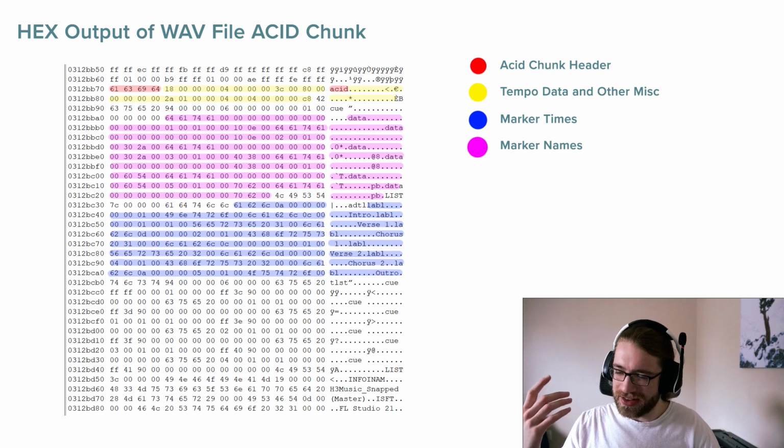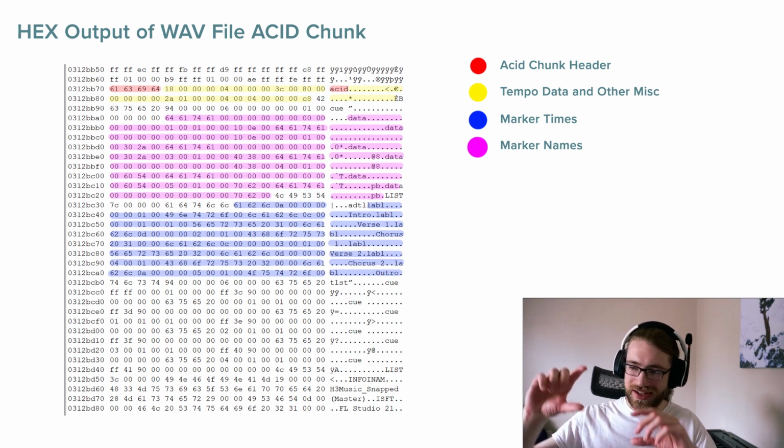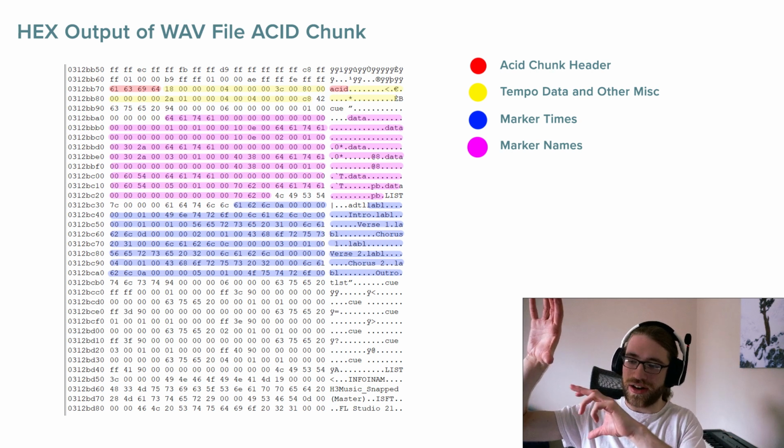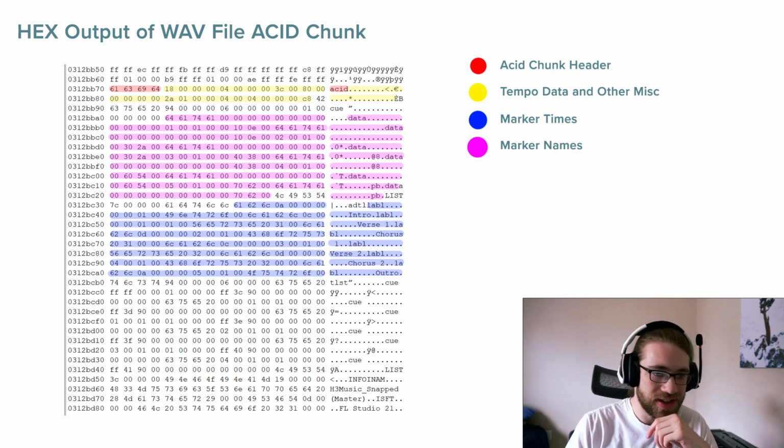They're not stored directly after each other, so it's not the name and then the location. All the locations are stored here, and all of the names for the markers are stored here. That was an interesting thing to realize about how WAV files store stuff.